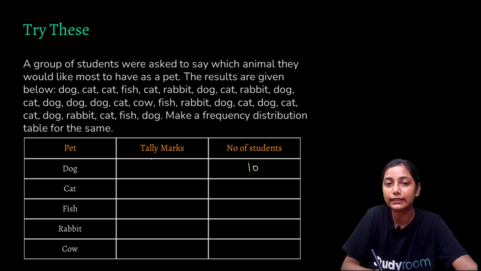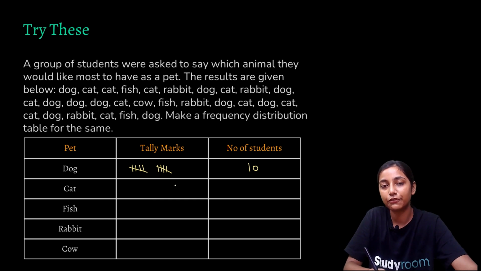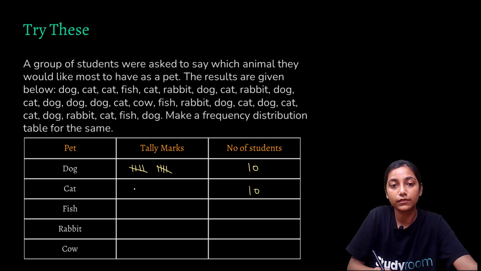How will we write the tally marks for 10? For 4 we write these and for 5 we write this. Now cat, 1, 2, 3, 4, 5, 6, 7, 8, 9, 10. Again 10, the same.